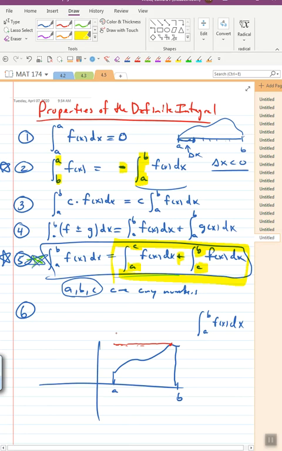If I created a rectangle that basically looked like this, what's the area of that rectangle? Here, let me give you a number to work with. Let's say big M is the place where that absolute maximum happens on A to B. Then what's the area of that red rectangle?